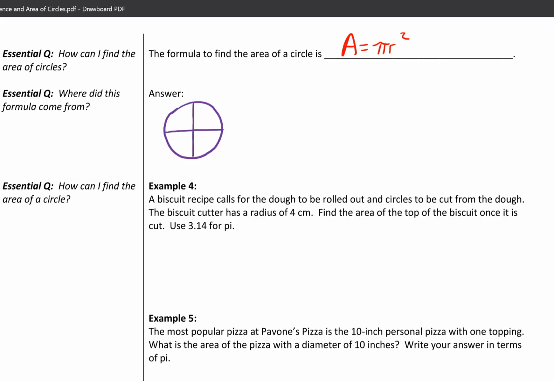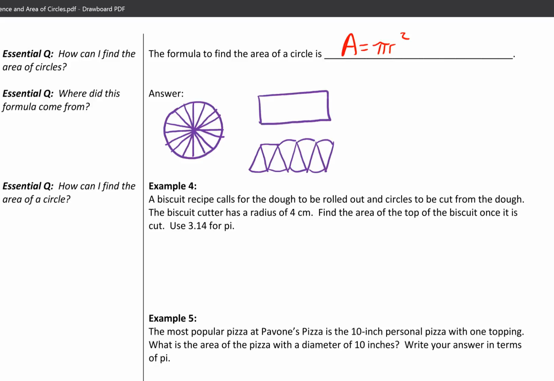And if you slice this up, we can rearrange these wedges kind of like this. Kind of like that, and we get this parallelogram. But basically, the more we slice this, the thinner these pieces get. And so eventually, you come out with a rectangular shape when you form those wedges together.